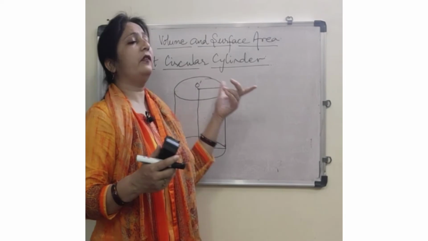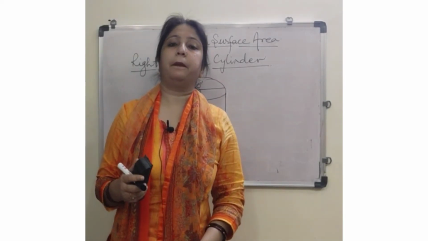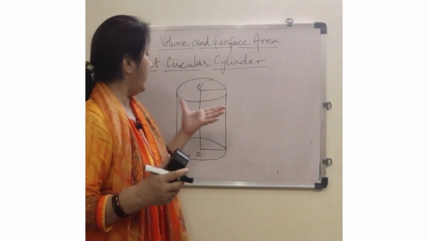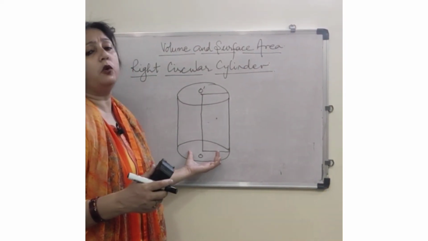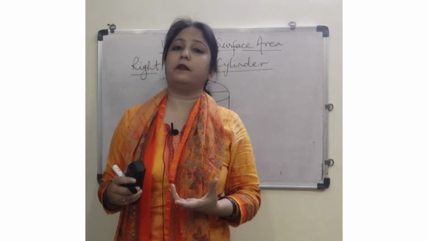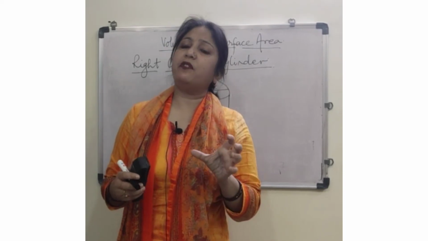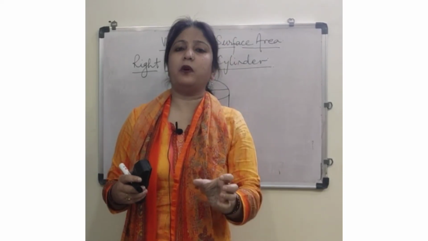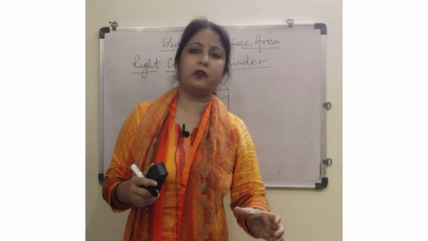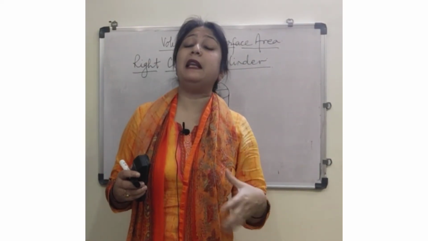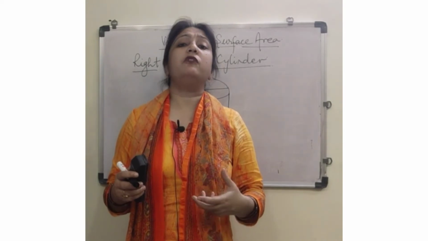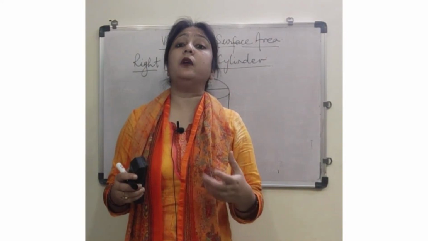A third solid shape that is there is the right circular cylinder. In a right circular cylinder, the top and bottom are the two flat surfaces. You must have seen telecom boxes which are round in shape. You must have seen round pillars. These are all daily life examples which we see in our day-to-day life.